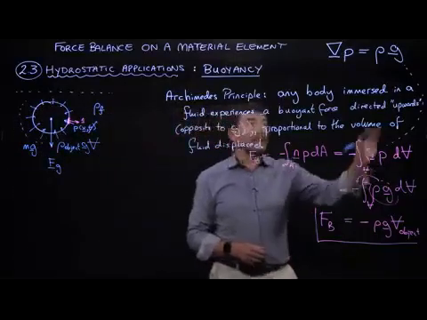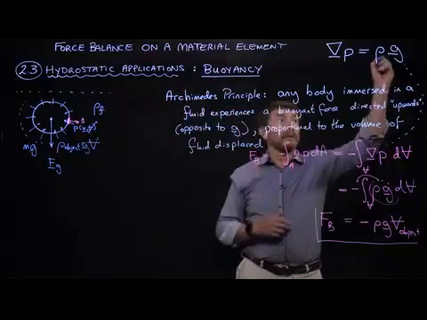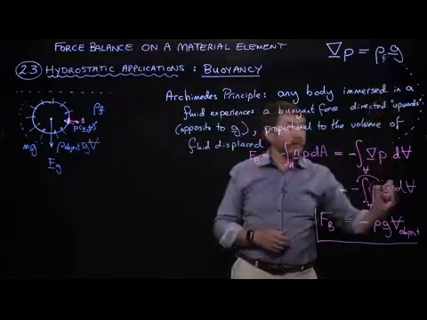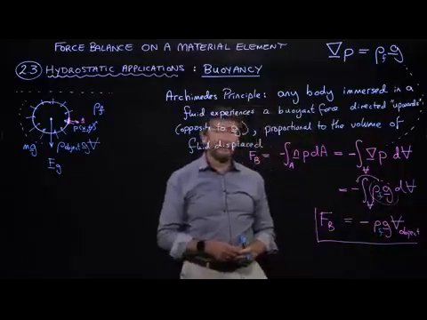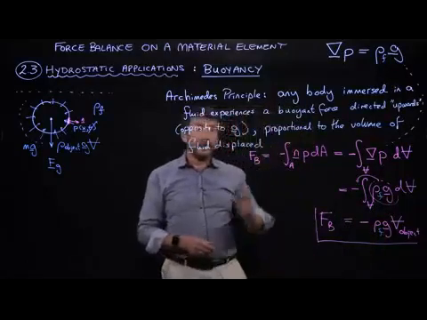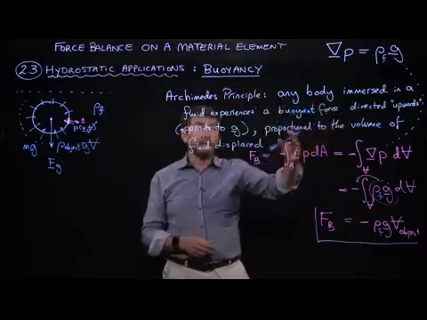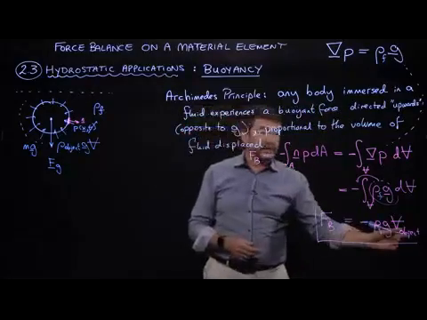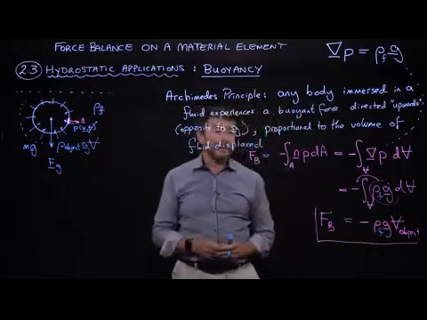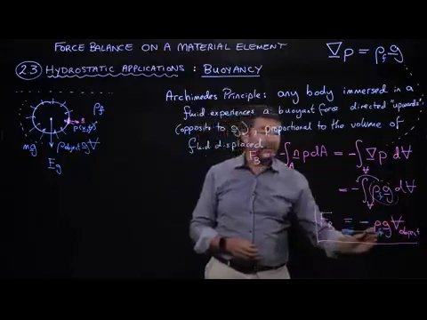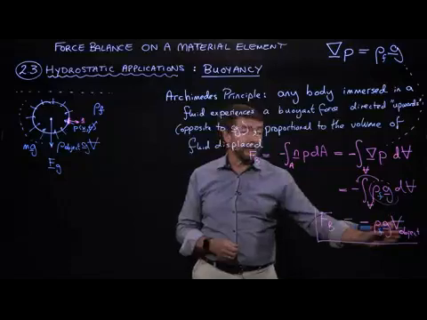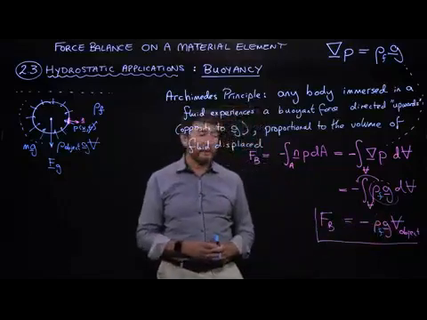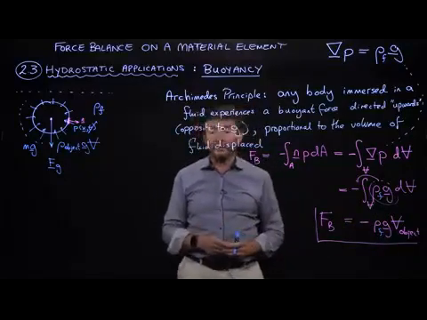So when we did this for a hydrostatic balance of a fluid, this was the density of our fluid. So indeed, the force is proportional to the volume, but it's the volume of the object, and that's displaced fluid. And so the force actually depends on the density of the fluid multiplied by the volume of the object. And that's a really important thing to remember.